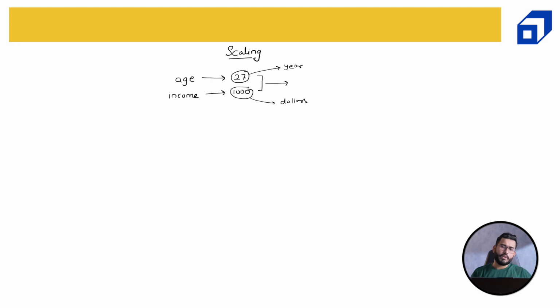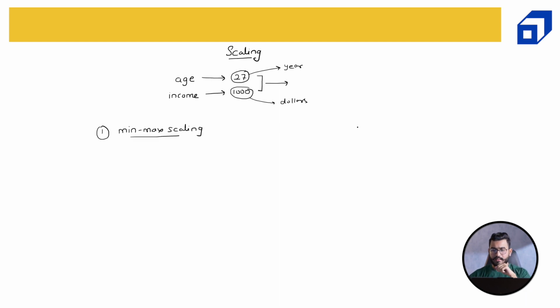They belong to two different scales and we cannot compare them, right? But what if I want to compare them? Then we have to make them into a common scale, and that is what scaling is known as. So scaling is a process of converting the data into one common scale using which I can compare various values. There are two common approaches which we follow in scaling. One is known as min-max scaling, also known as normalization scaling.